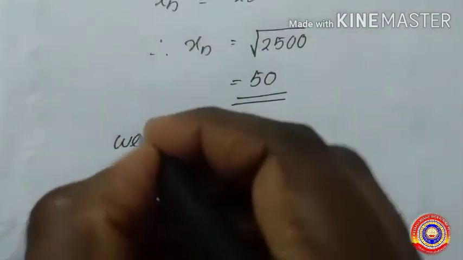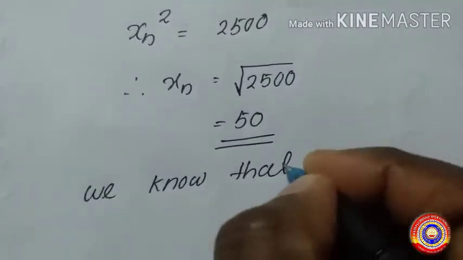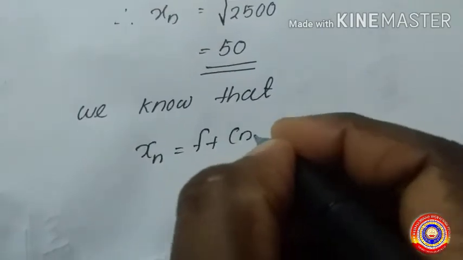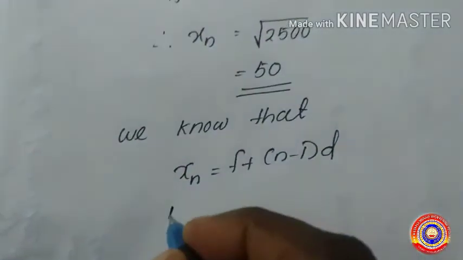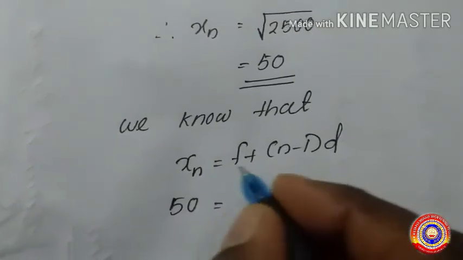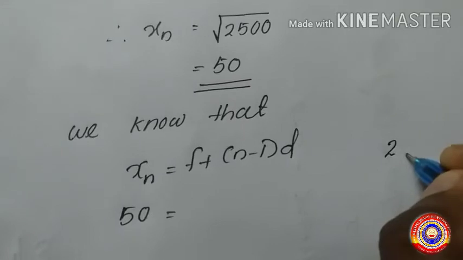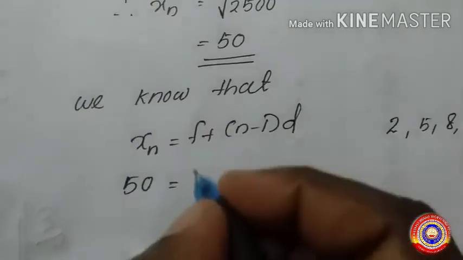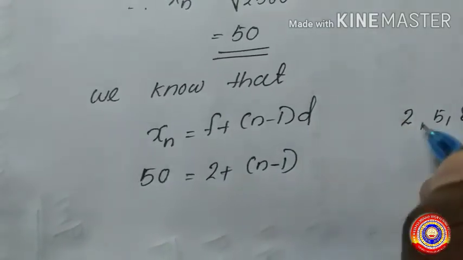We already know the formula for the nth term, xn equal to f plus n minus 1 into d. xn equal to 50. What about f? The sequence 2, 5, 8 is given, so first term is 2. 2 plus n minus 1 into d.